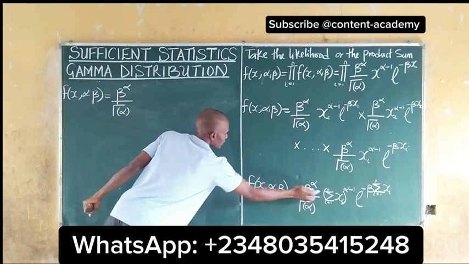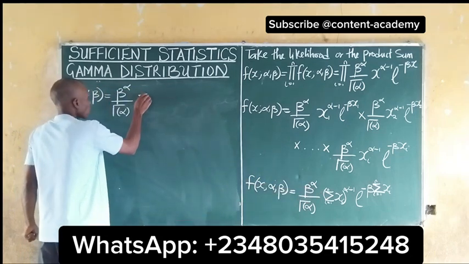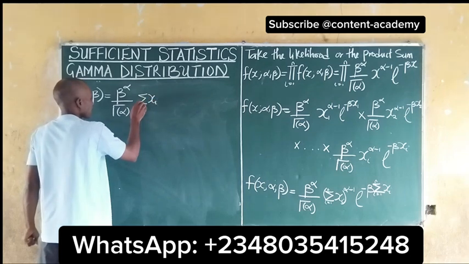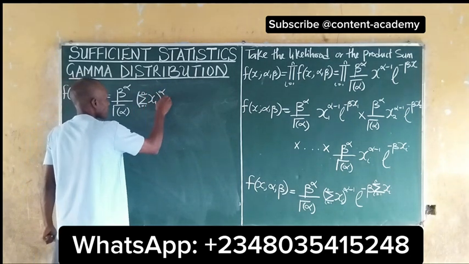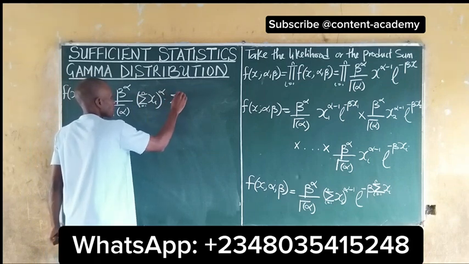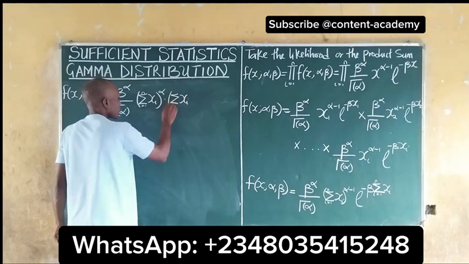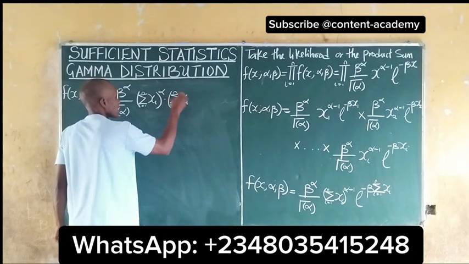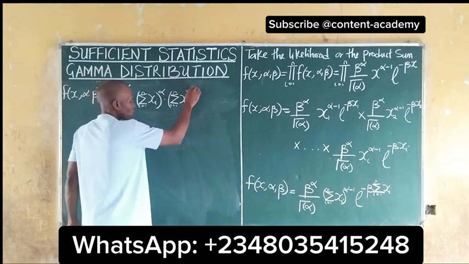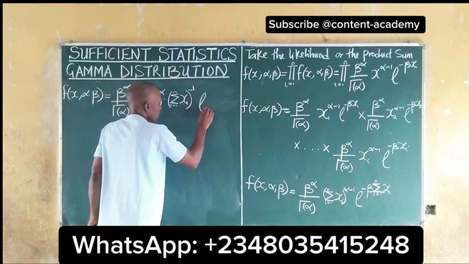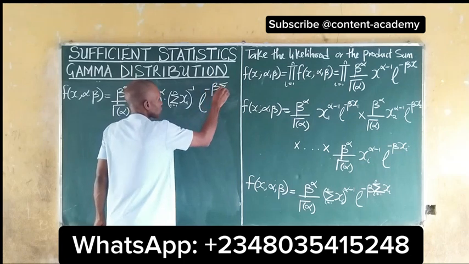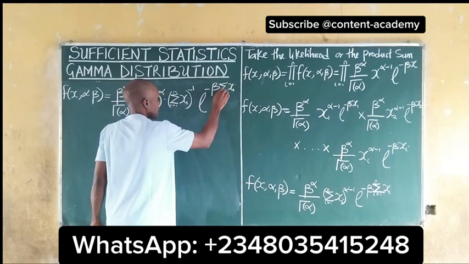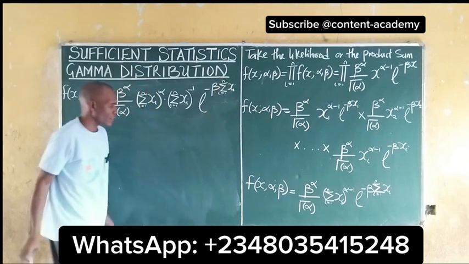We can split this into two to give us the product of xi's as i runs from 1 to n, to the power alpha minus 1, times exponential negative beta summation of xi's as i runs from 1 to n.